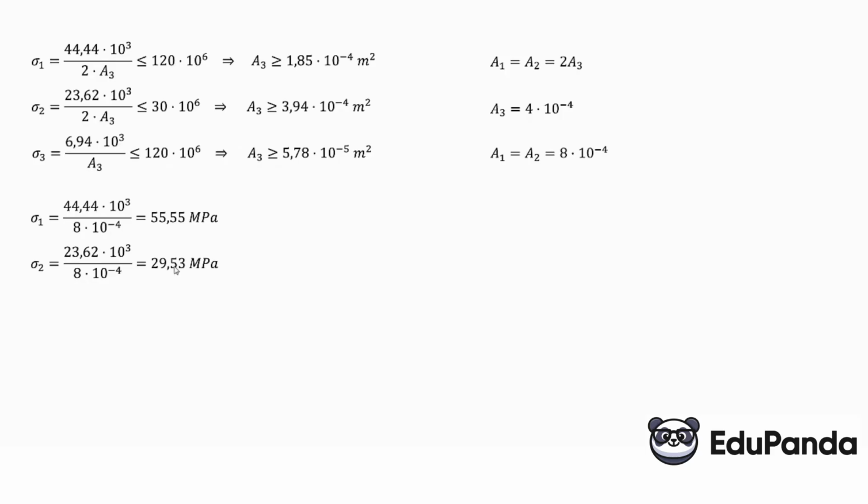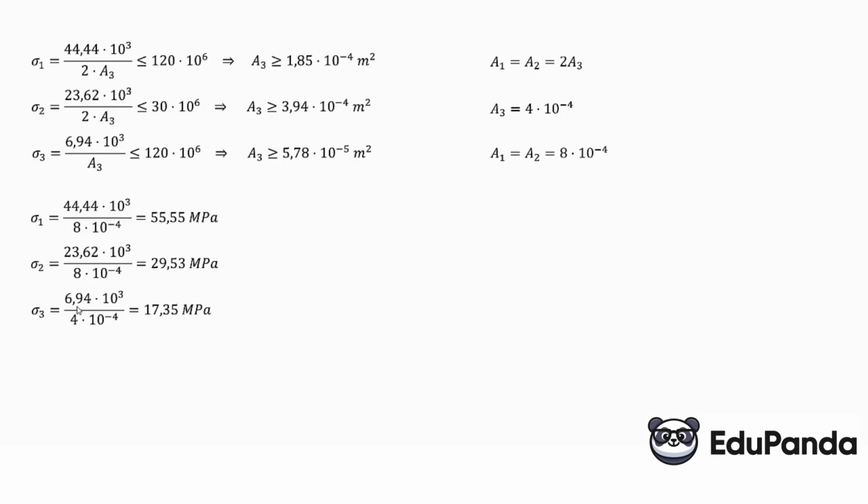This condition was decisive, which is why we are here close to the limiting stresses, as there was 30 megapascals for copper. But here, calculating the stresses in the third bar, we see that all 3 hold up, right? The second one, because we dimensioned for it, is on the edge, but all 3 meet the strength conditions. So it's okay, here the lowest stresses are in this third bar, because the force is the smallest, and it is a steel bar with higher strength.